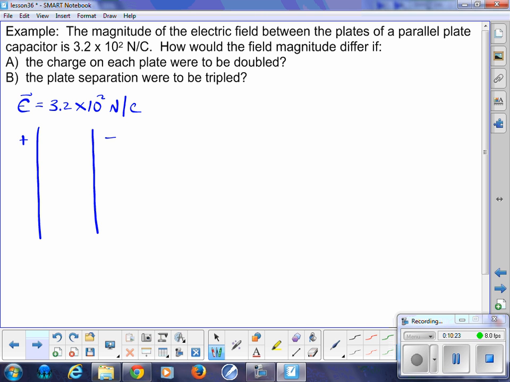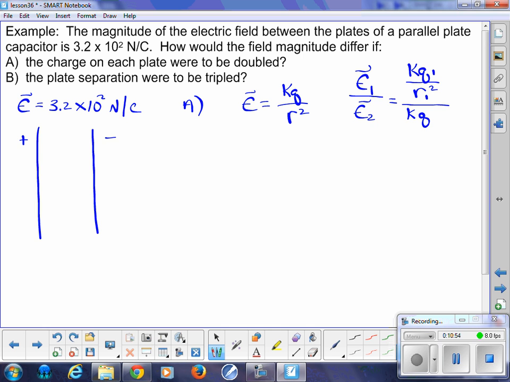Well, a couple things come from this. We know that the distance doesn't matter here. So for the answer to A, the R doesn't change. If we take E1 and compare it to E2 in terms of electric field strength, we would have K Q1 over R1 squared divided by K Q2 over R1 squared.